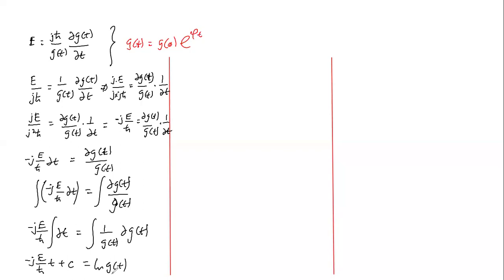Now, let's assume that c also takes on the value of the natural logarithm of, say, ln a. Don't forget that the natural logarithm is the same as log to base e, right? You already know that. Log to base e.